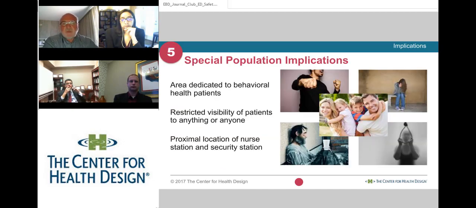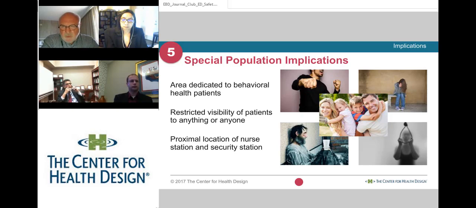And the last slide we have here goes back to those populations. This is a challenge, particularly for smaller emergency departments, because when you get to a large department that's got a sizable volume that may be a part of the behavioral health and violence element in the emergency department, that may be a point where it has some justification to have created a separate zone where those patients have a higher degree of surveillance and security for themselves and for the staff.